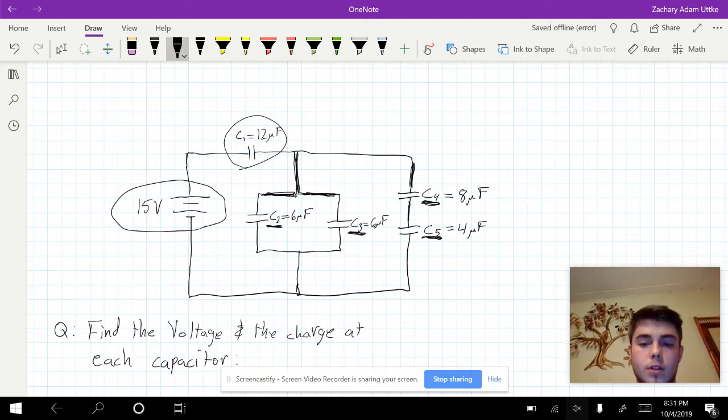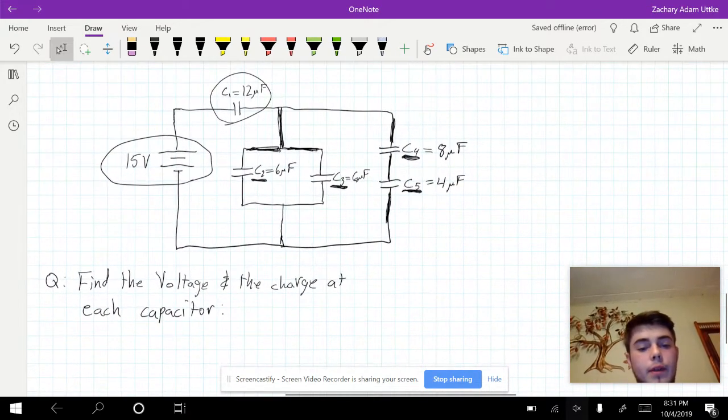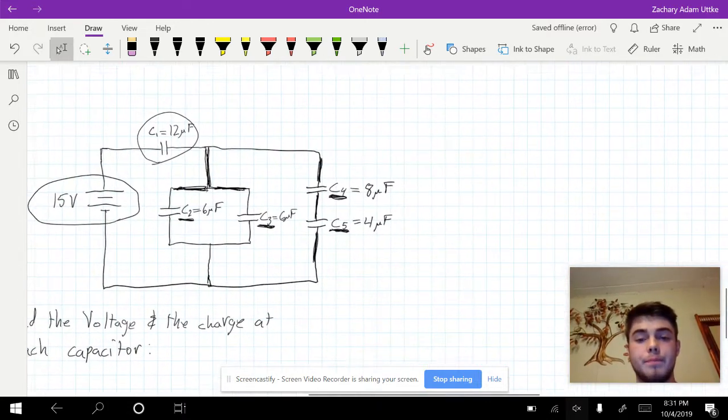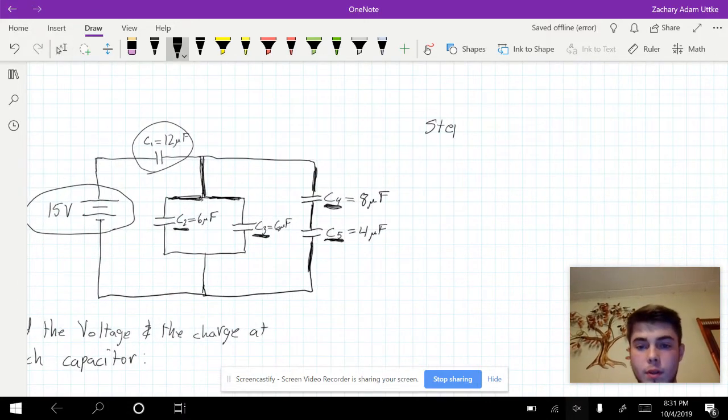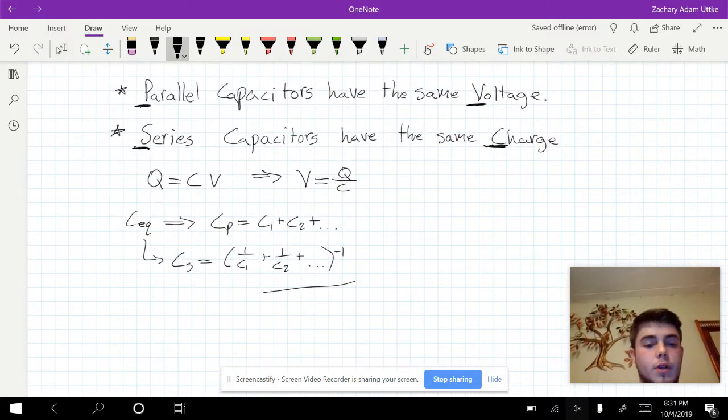So they're on just the single wire right here. So that's how you can tell. Okay, so if we're going to find the voltage and the charge at each of these capacitors, step one is to find the equivalent capacitance. Okay, so we're going to do that by using combinations of these equations right here.